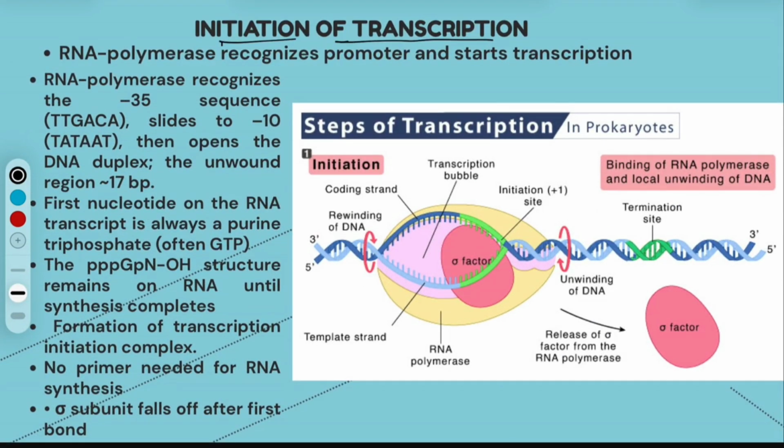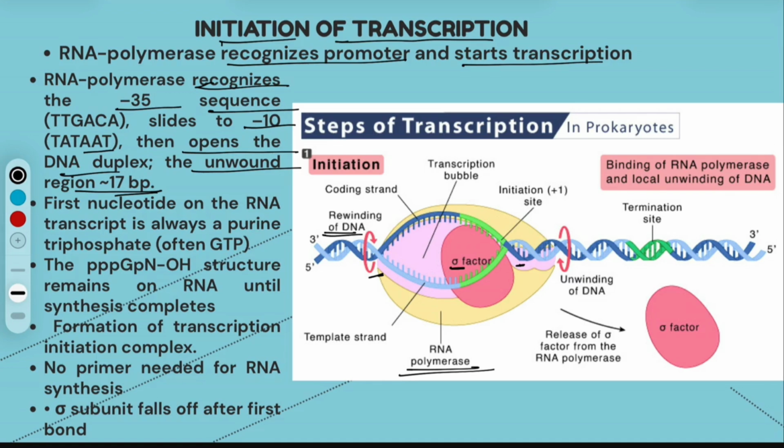Starting from initiation, here you can see RNA polymerase recognizes the promoter sequence and starts the transcription. It recognizes the -35 to TATA box region, -10. Then it opens the DNA duplex across the 17 base pairs present between these two sequences. Here you can see rewinding of DNA again once it is getting transcribed, and here unbinding of DNA takes place.